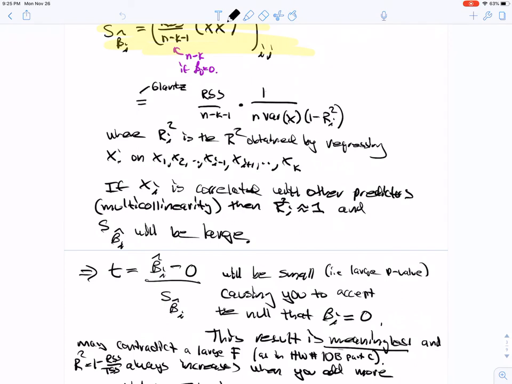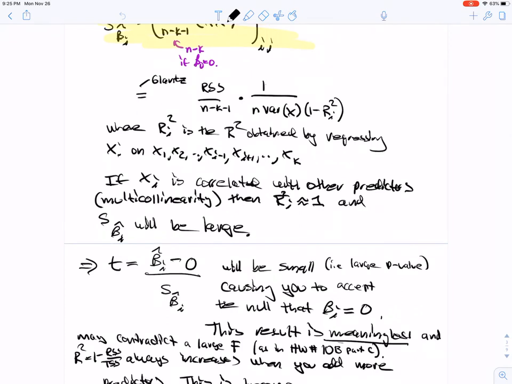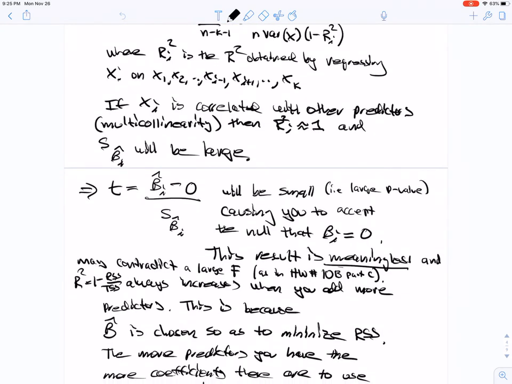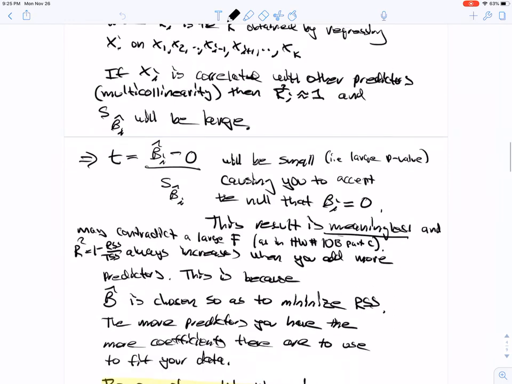So that would be a contradiction, right? And so you really need to look out for multicollinearity, because it can lead to very misleading results.